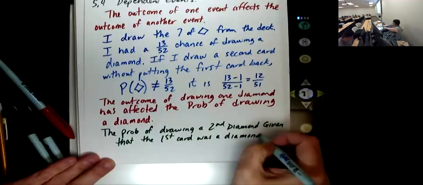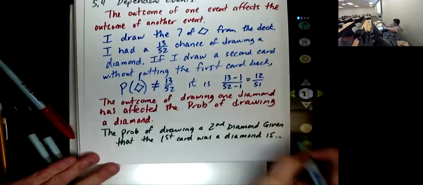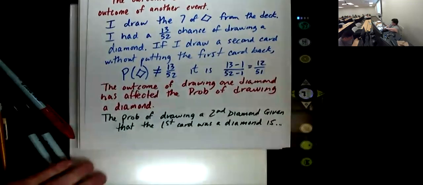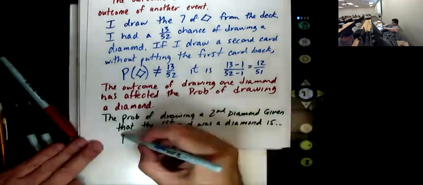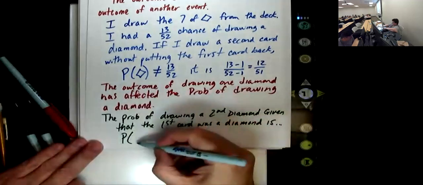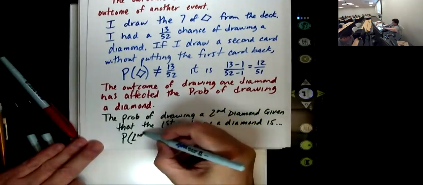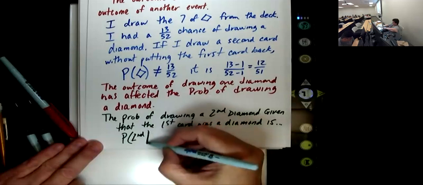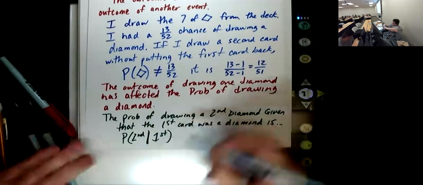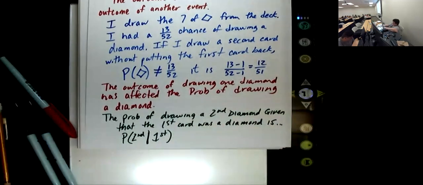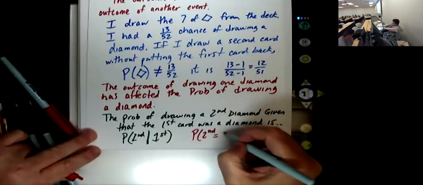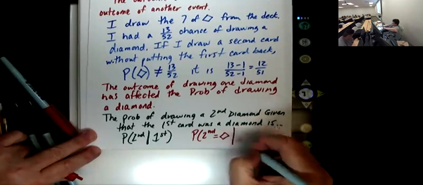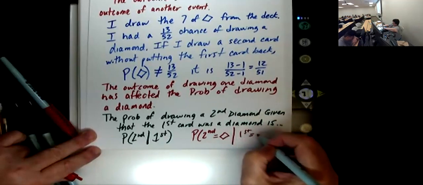The notation we put is probability, the second outcome, and then we do the vertical bar, and then the first outcome. Here, from our problem, it would be the probability that the second card equals a diamond, given the first card equals a diamond.